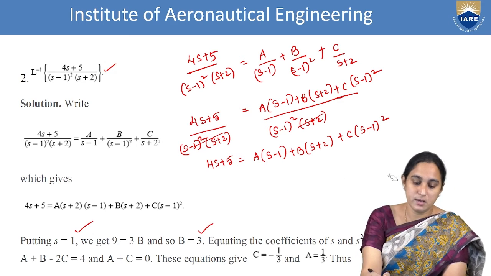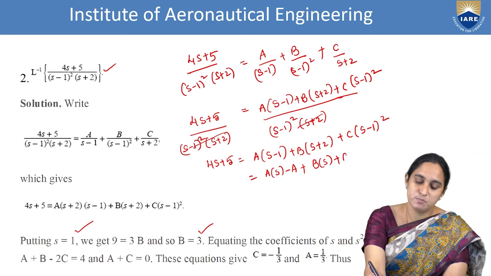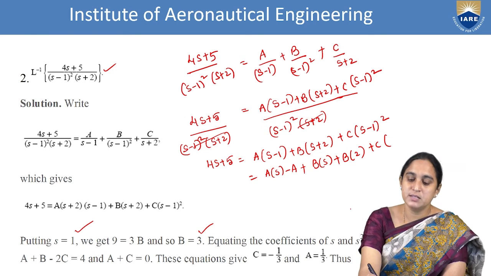Okay, next here. First I'll multiply the equation here. A of s minus a plus b of s plus b of 2 plus c of s minus 1 whole square.